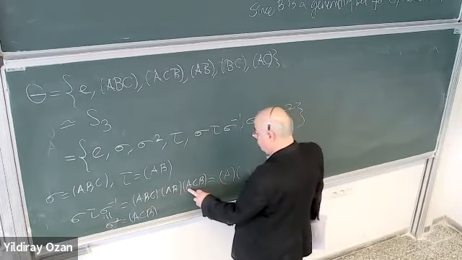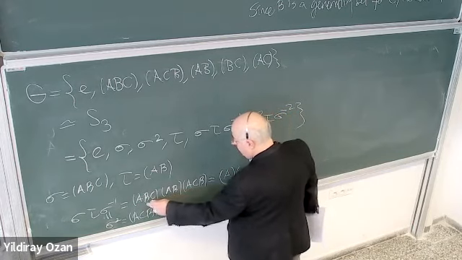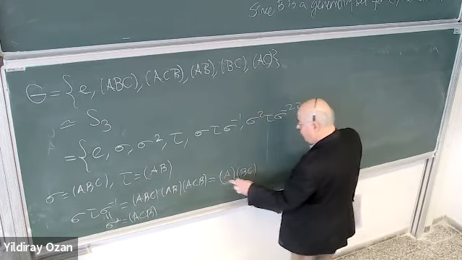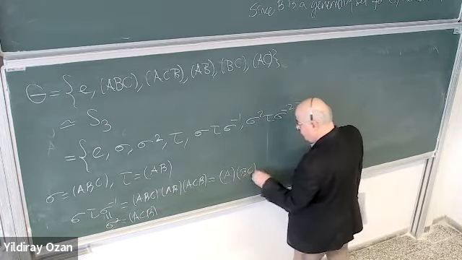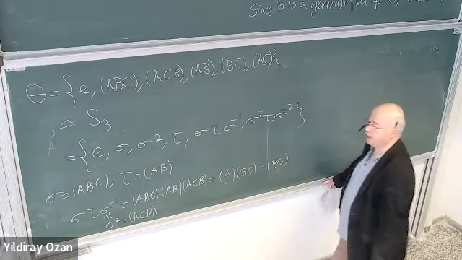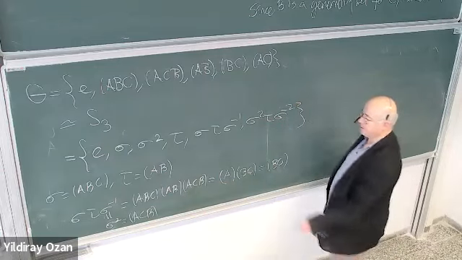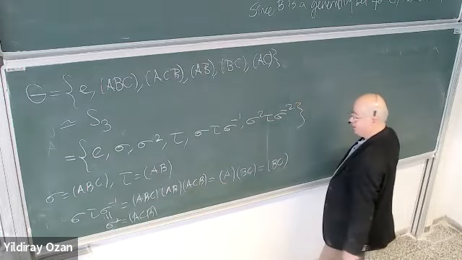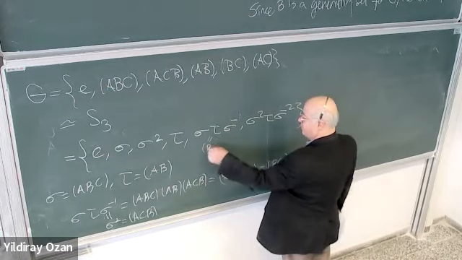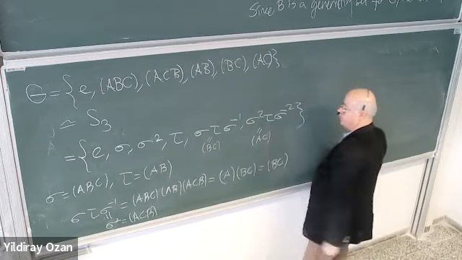B is mapped to A is mapped to B, and B is mapped to C. So B is mapped to C. Of course, we just write this as BC. So the conjugate of AB with this element is just BC. And similarly, this is BC, and this will be just AC. Okay, you can check that.